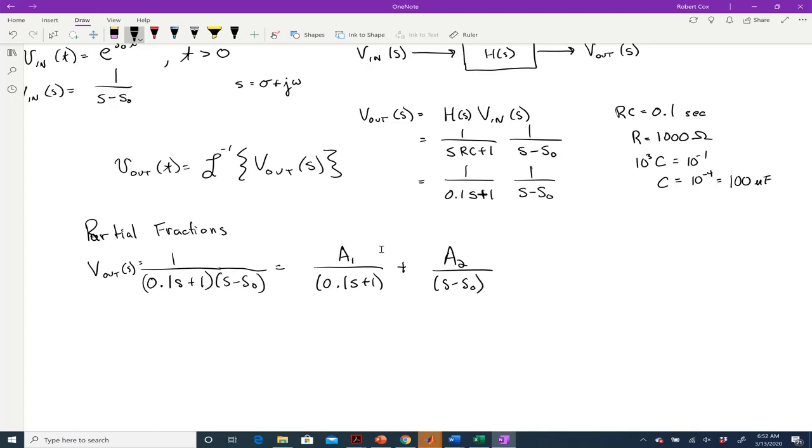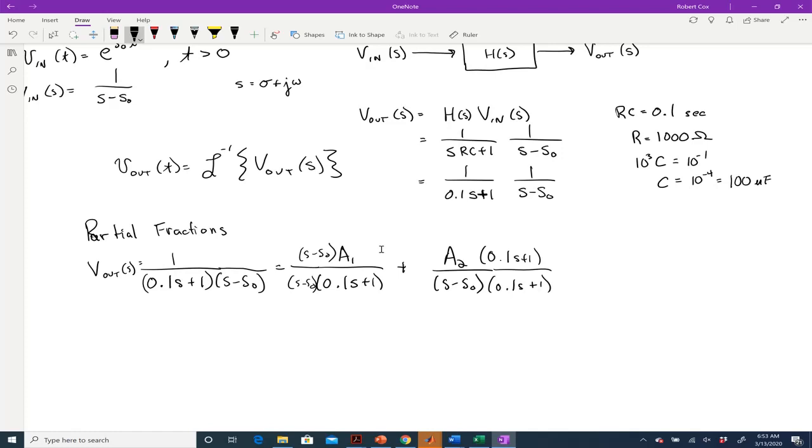And remember, basically what we're saying is, how would we combine these two rational functions to equal this one on the left? Well, remember what we would do is we would multiply by 0.1 S plus 1 on this guy, and this one would be multiplied by S minus S naught, like that.